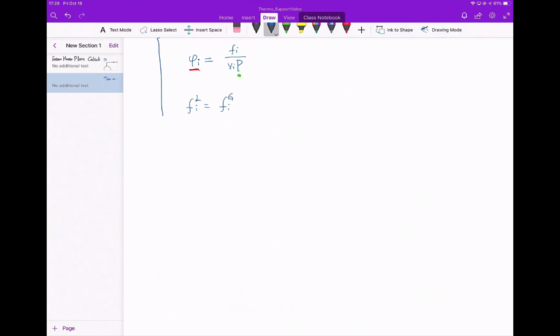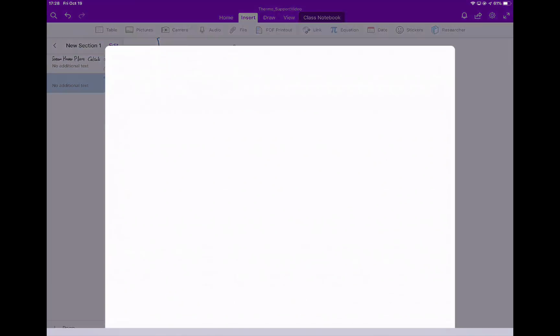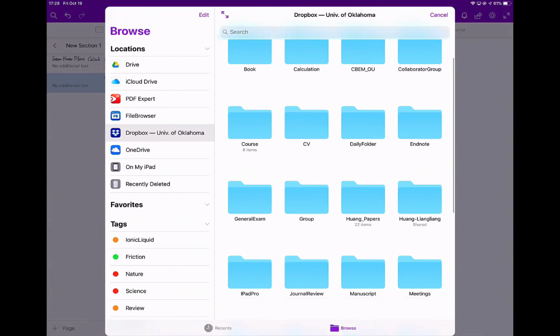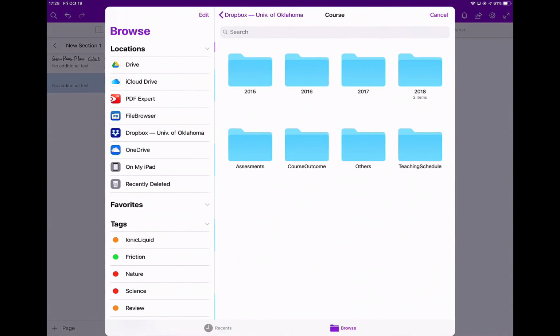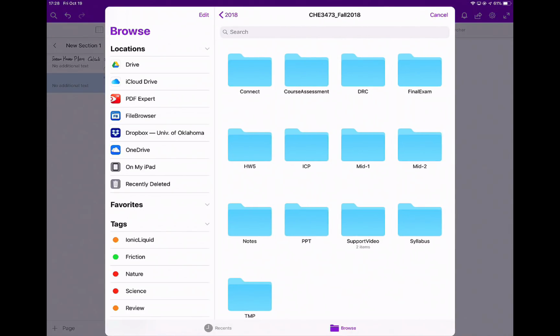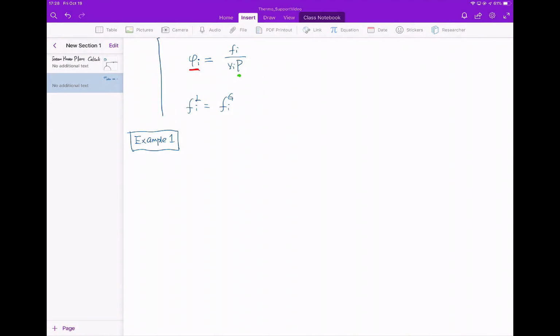So let's take a look at example 1. Let me try to find this file. Problem statement. This is the first example.